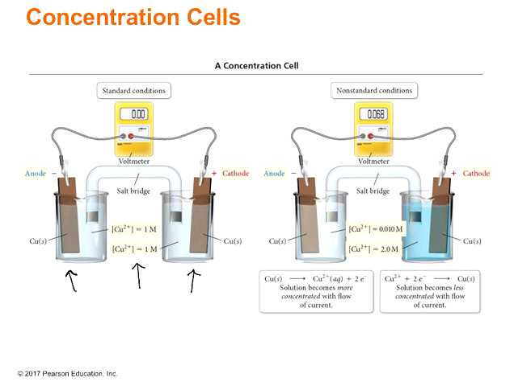Okay, so nothing's going to happen there because we have two of the same metals, two of the same solutions with the same concentrations. Electrons are not going to want to flow from one direction to the other.